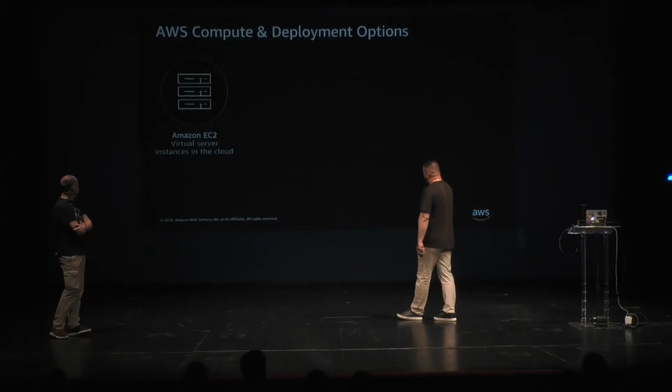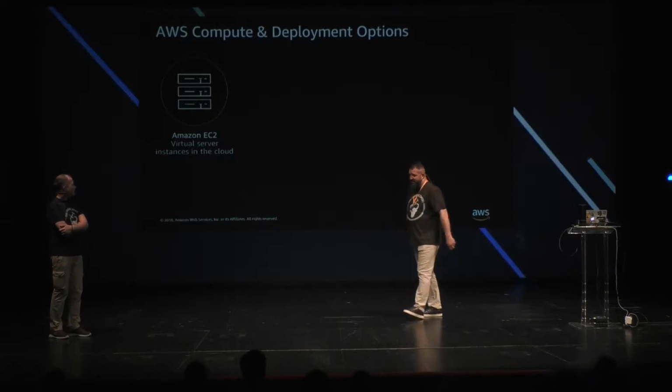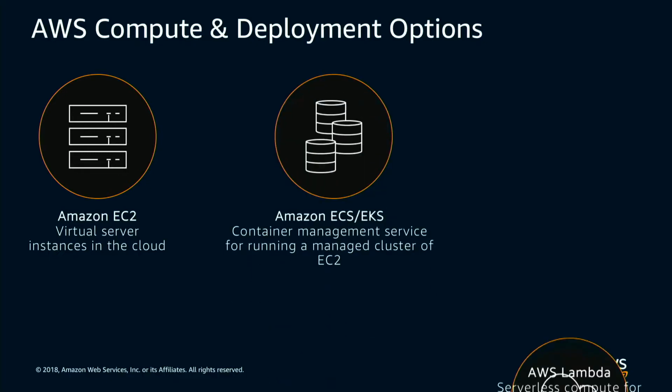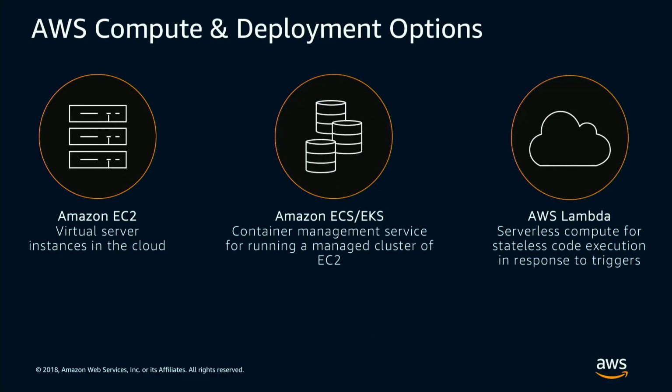So when it comes to AWS, the reason I'm going to talk to you about this is actually setting the stage for when we talk about Docker, ECS, and Kubernetes. For those that are not familiar with AWS, you pretty much have three options to deploy your services. So you have Amazon EC2, and the best explanation of that is that it's a virtual machine.